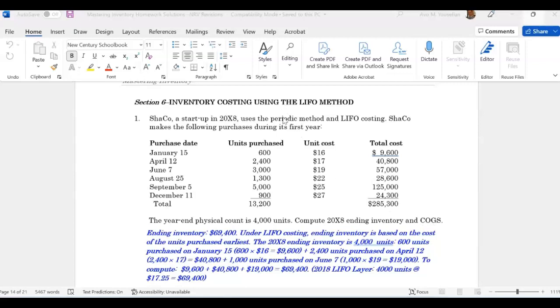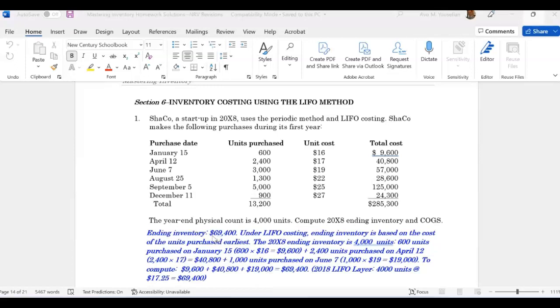Again, we are doing periodic method, so we don't know what the cost of goods sold is, and we don't know the inventory balance because it's a periodic method. So we have to do it at the end of the year. So at the end of the year, the end inventory count shows 4,000 units left. So here is the solution that you can look at.